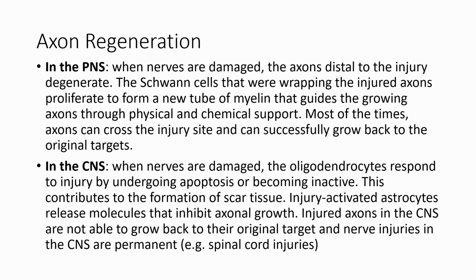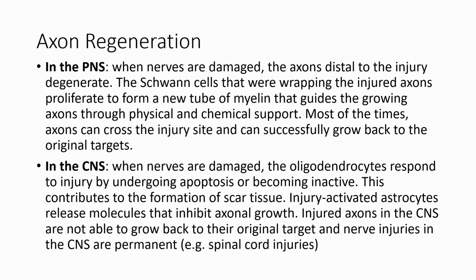The Schwann cells that were around the injured axons are going to form a new tube of myelin for growing axons to come through. So a lot of times these axons that are proximal to the injury can actually cross the injury site and grow back to the original targets.